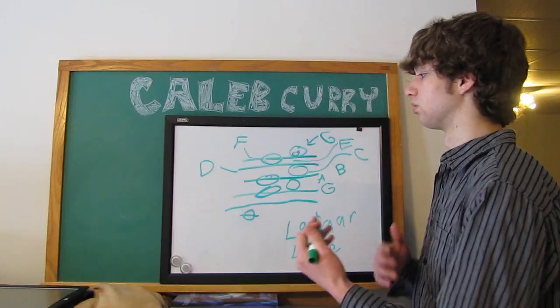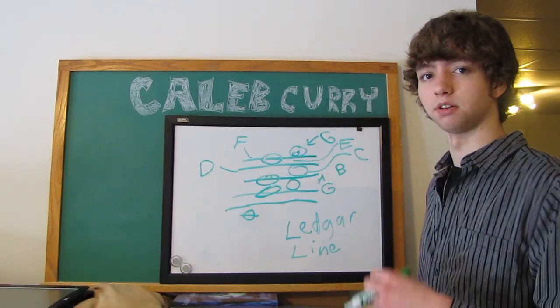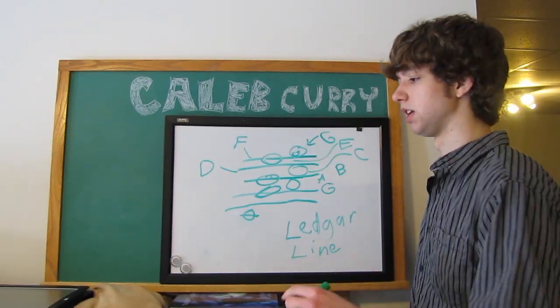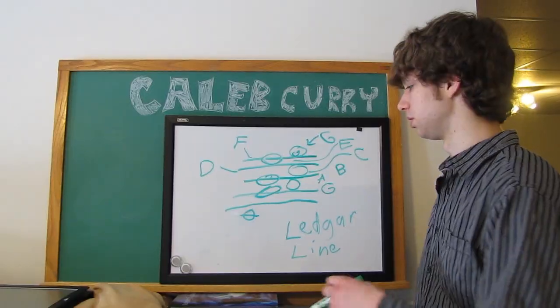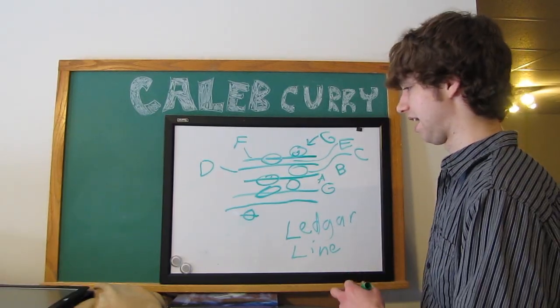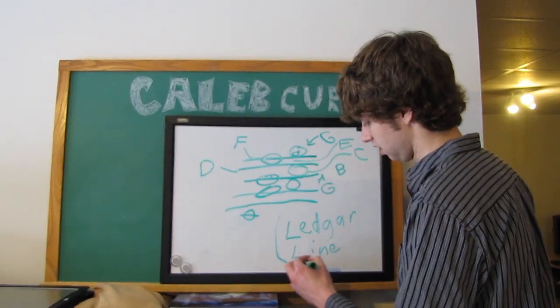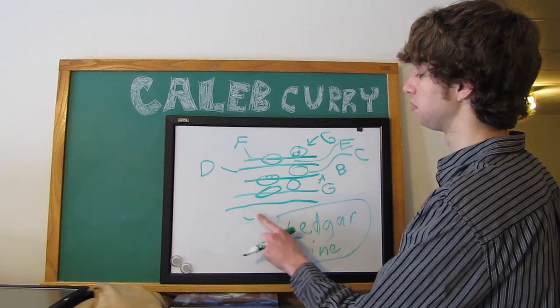The way we write music is just a way to represent the way it sounds on paper, or nowadays on tablets or computers, or, well, they're both computers, but yes. So, ledger lines. After my rant, a ledger line is a small, short line above or below the staff.